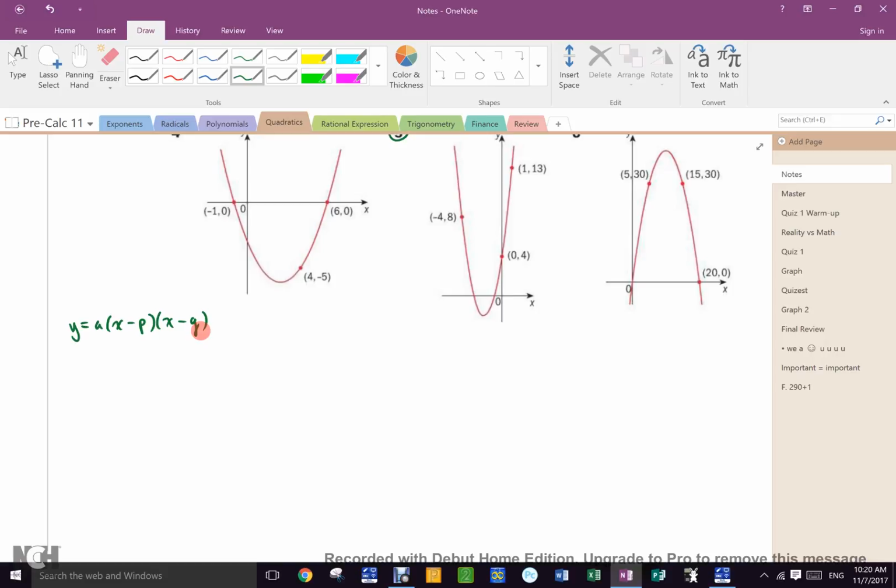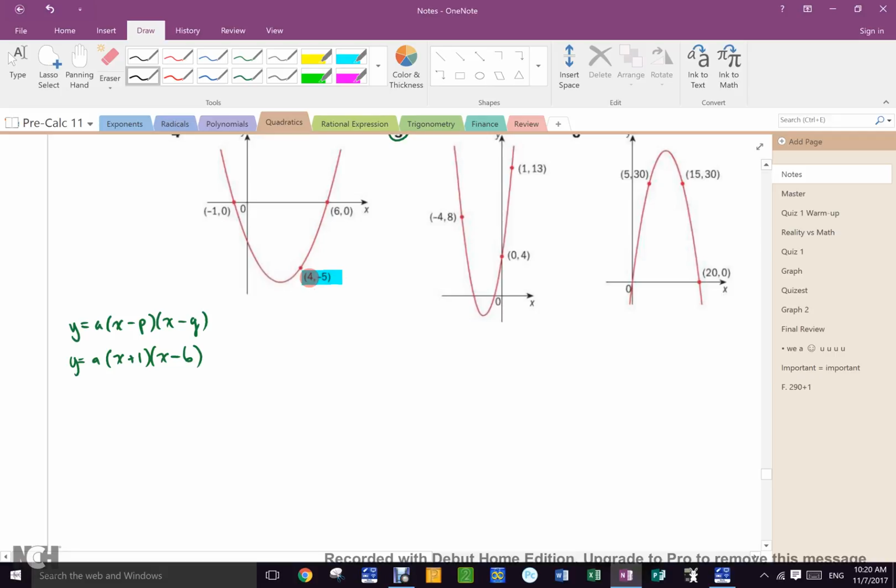Okay. If you write it down, it's easy, right? So y equals a, x minus minus 1. How do I write that? Plus 1. And x minus 6. How do I write that? 6. Now, do I have 3 unknowns? Yes, but I'm saved right there, yes?